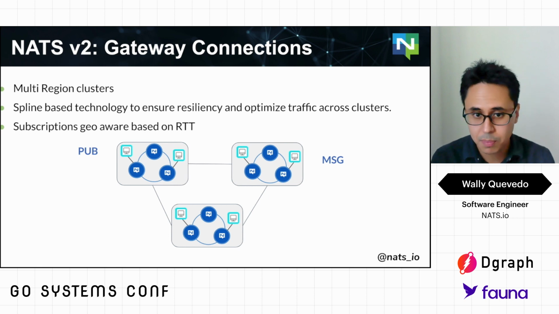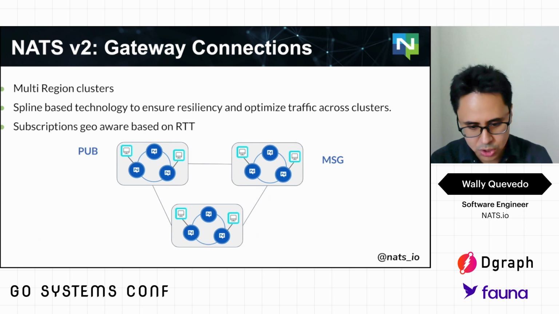The way the topology works is that each one of the servers needs to have at least one connection to one of the servers from the other cluster. So in this case, let's say this is cluster A, we need to have at least two connections, one from cluster B and cluster C at the bottom.